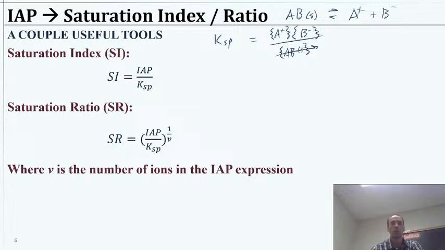So it really just becomes the product of those two products of the reaction. Usually we assume activity is 1 and carry on. So that would be the solubility product.